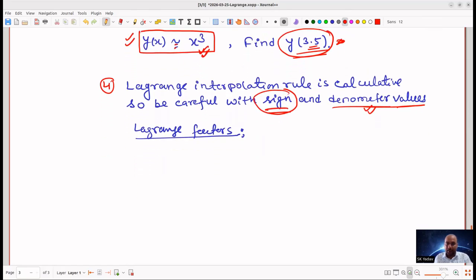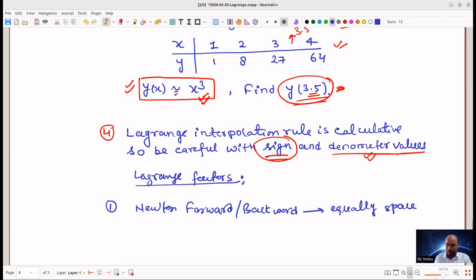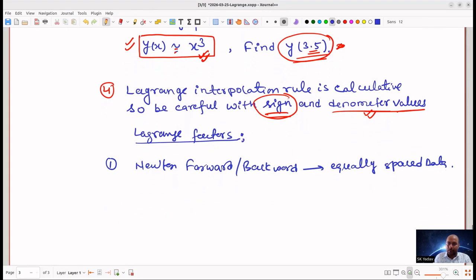Let's summarize again. The first point is that Newton's forward and Newton's backward are applicable for equally spaced data points, while Lagrange can be applied to unequal data points.